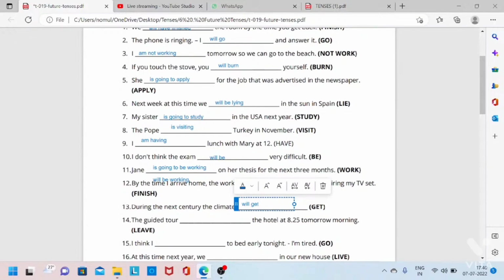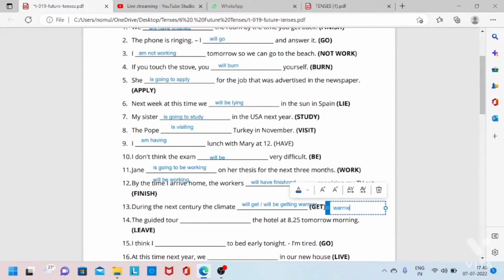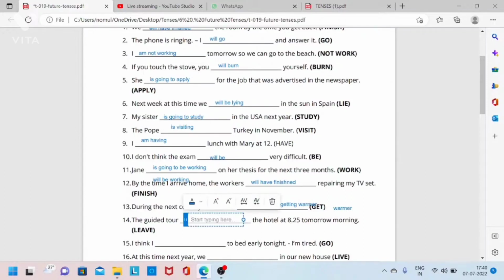Or we can also, if the sentence is continuing here, write like this, will be getting warmer. Here if we would have warmer somewhere, then we could write will get warmer, or during the next century the climate will be getting warmer. So here the word warmer was not given, but I was just adding it. Okay, so let us move to the 14th.